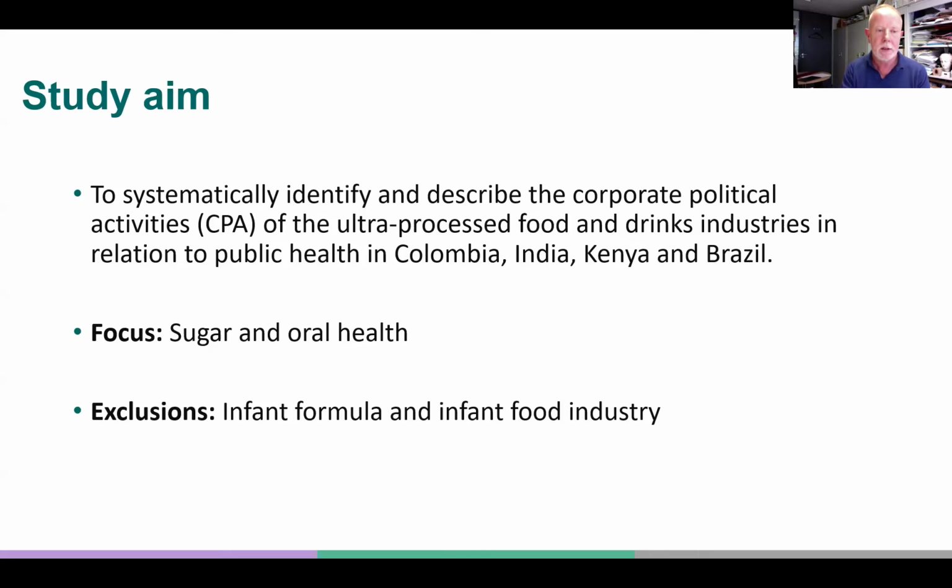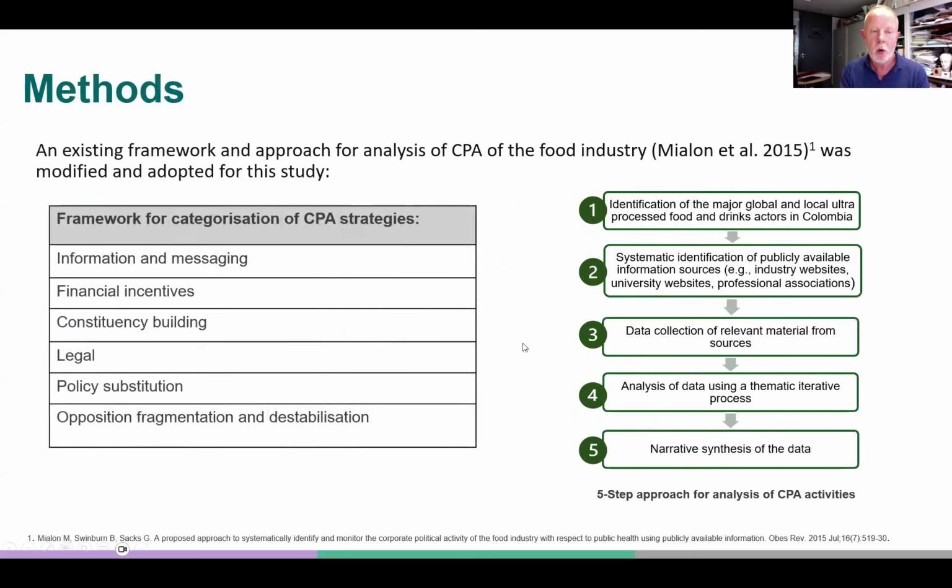So next slide, please. So what we've done in terms of our methodology is we followed a methodology developed by colleagues in Brazil.